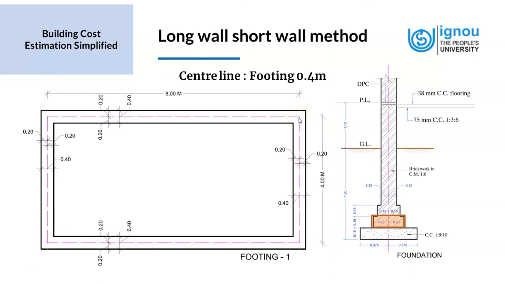Because we are taking the long wall as outer to outer, the small width that remains is half the width of this footing, which is 0.2 meters on this side and 0.2 meters on this side. So the total long wall measurement for the 0.4 meter footing is 0.2 plus 8 plus 0.2, which is 8.4 meters.